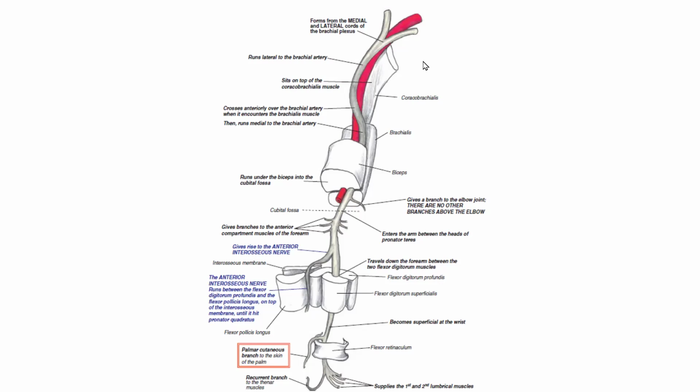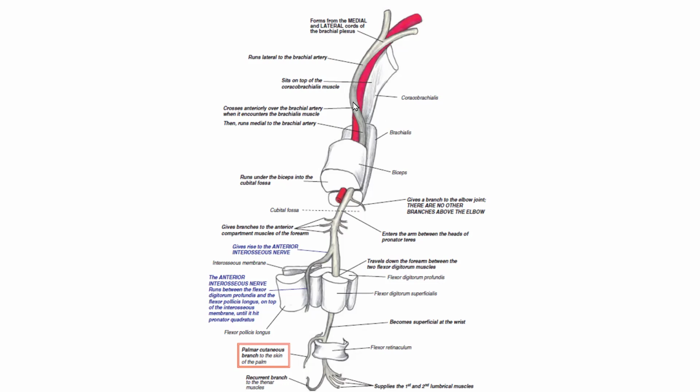At first, it travels down the arm. It is lateral to the brachial artery, but in the middle aspect of the arm, it passes from lateral to medial.